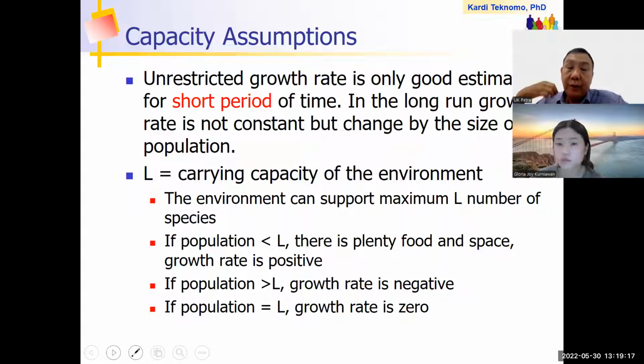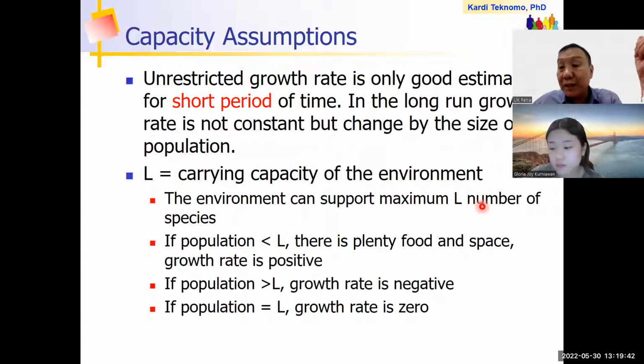We know that the unrestricted growth rate is only a good estimate for a short period of time. In the long run, the growth rate is not constant but changes with the size of the population. So let's assume there is an L, which is the carrying capacity of the environment, meaning the environment can support a maximum of L number of species. So the unit of L is number of species.